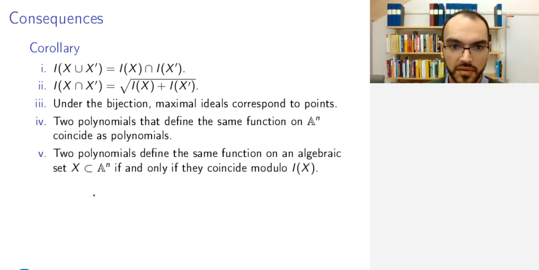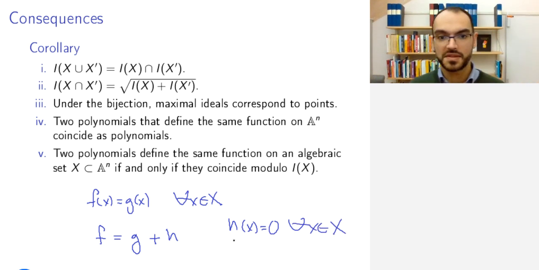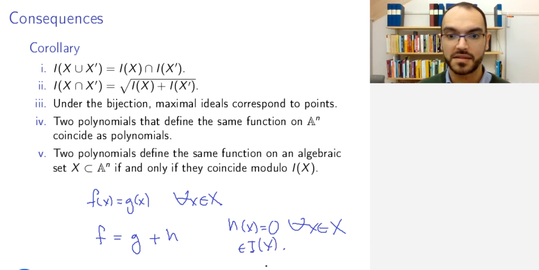So if f of x is equal to g of x for all x in X, well, this means that f is equal to g plus some h such that h vanishes on all of X. And so this h must belong to the ideal of X. This we will take with us to the next part of the lecture, where we define coordinate rings.